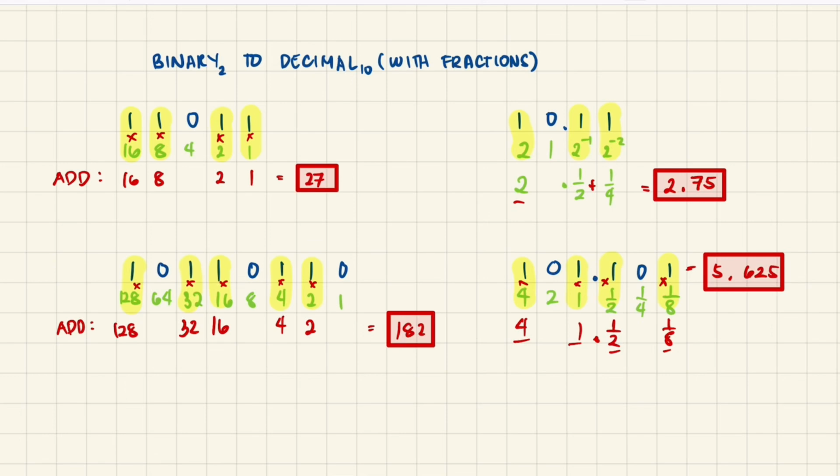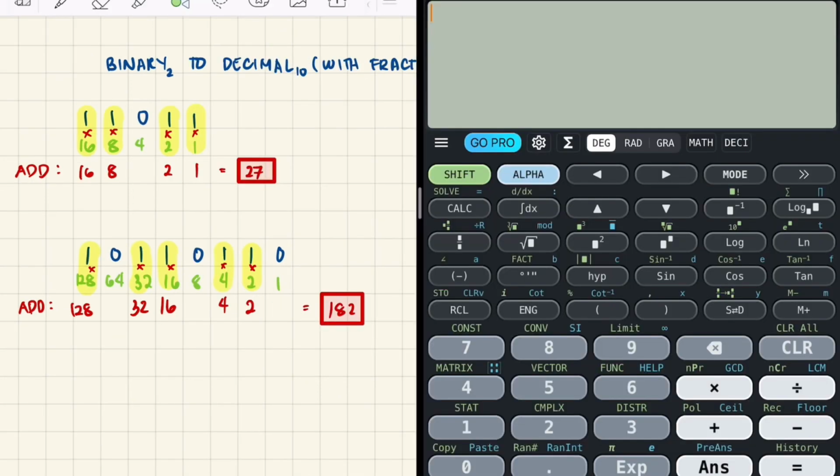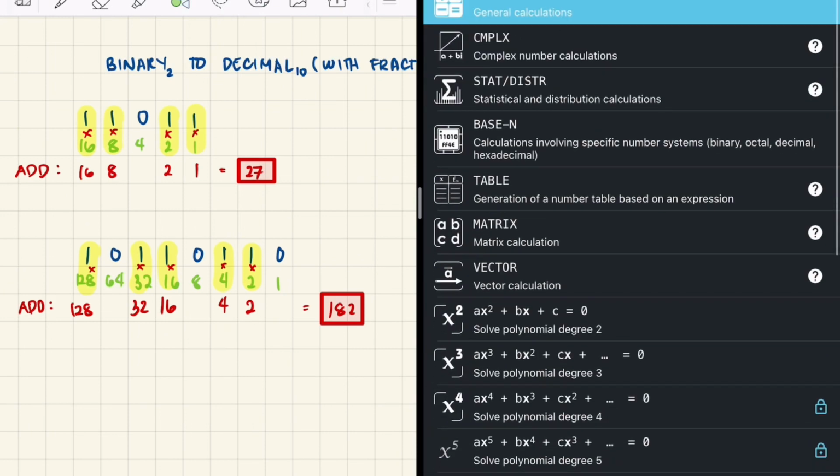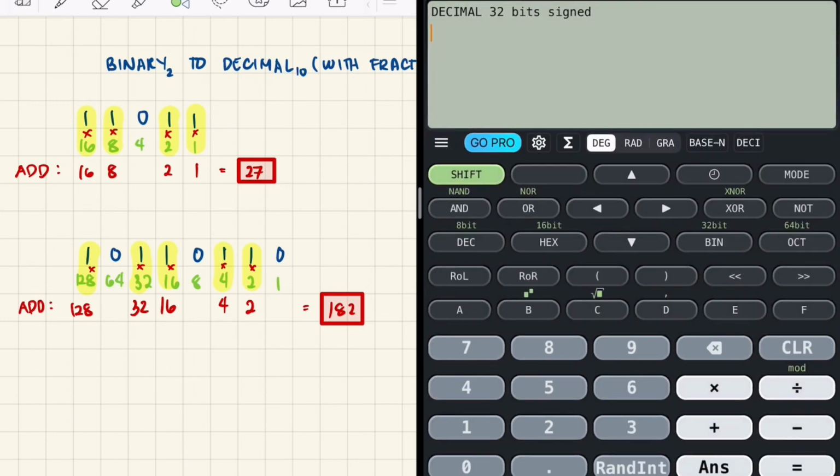Okay, so now we are going to check all of our answers using a scientific calculator. To use your calculator, you should set up your calculator first. So look for mode and then base. And then the first step here is we're going to set up the calculator to binary.